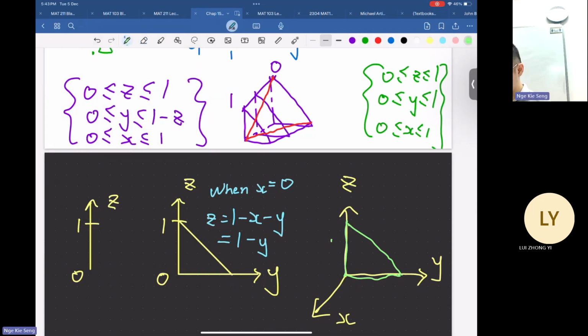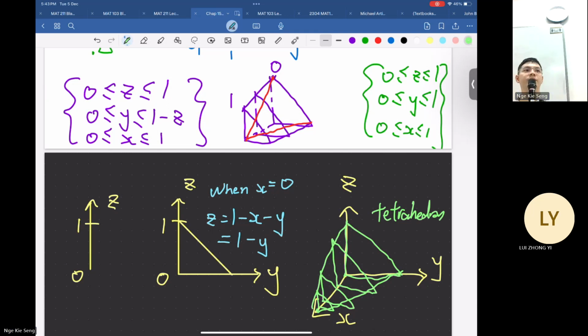Okay. So you form this spectrum. Okay, does it make sense? Make sense or not?